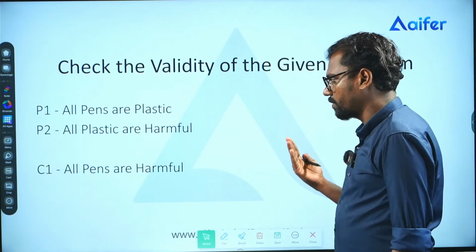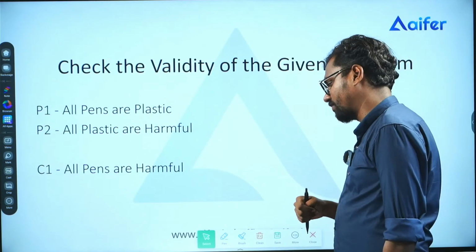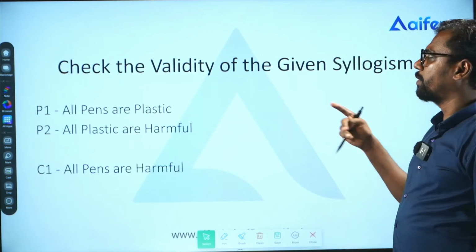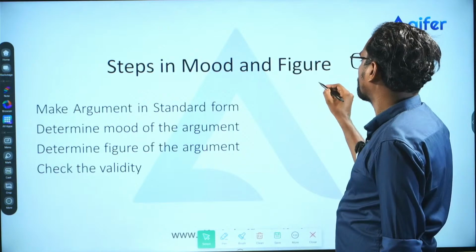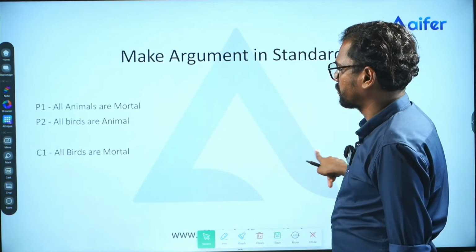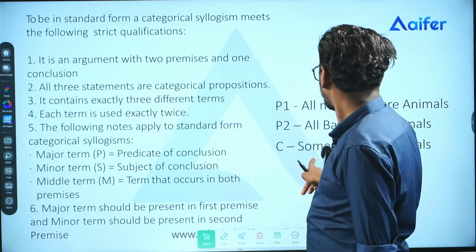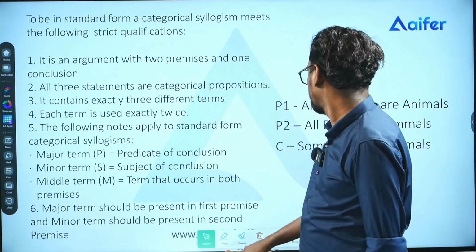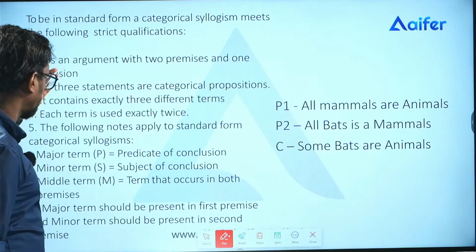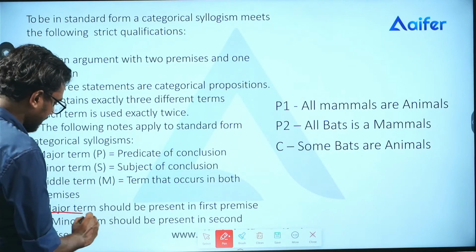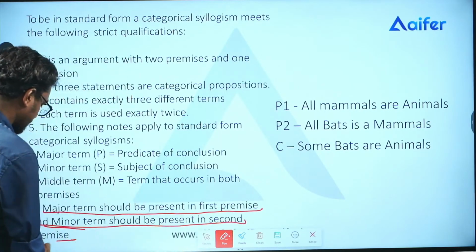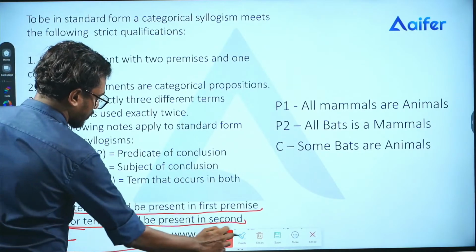The major term should be present in the first premise and the minor term should be present in the second premise. So this is what standard form is all about.